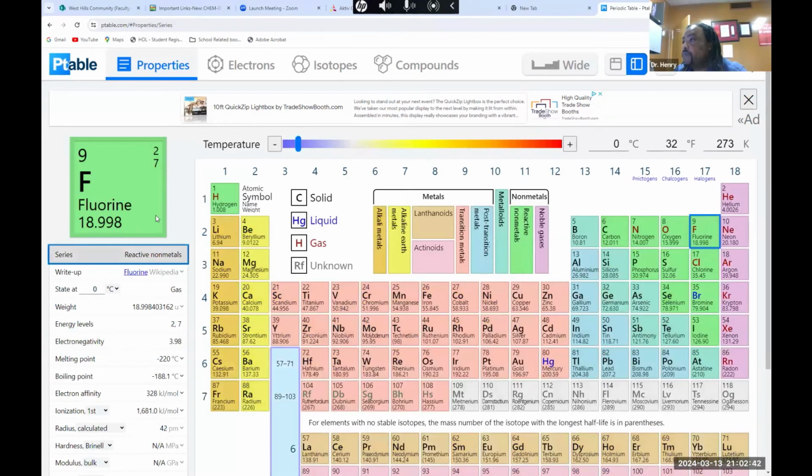You guys remember this is our s. I'm going to use the cursive s, and this is the p. So if we're talking about chlorine, all you would do is count over 1, 2, 3, 4, 5, 6, 7 until you get to chlorine. So it has 7 valence electrons. That means it can use those 7 electrons for bonding.